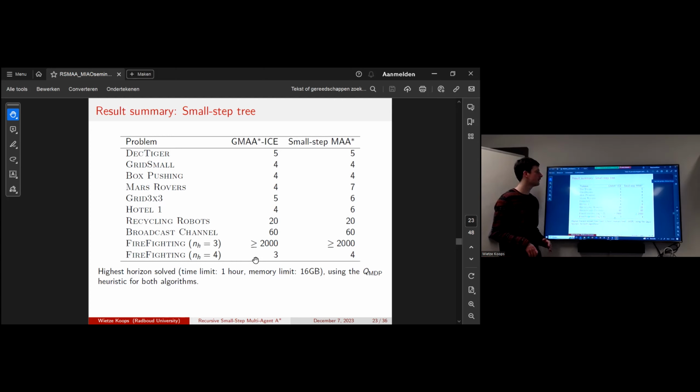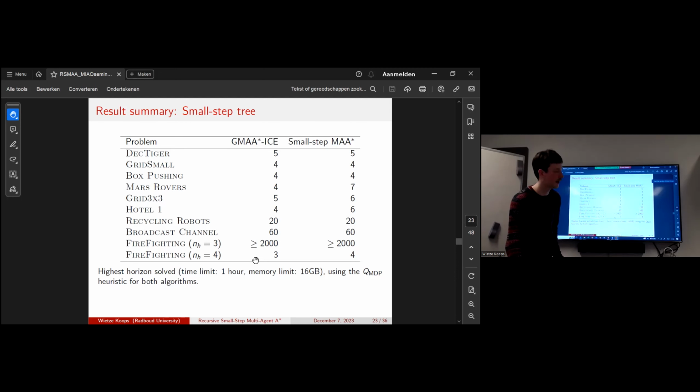What GMAA star ICE has and what small step multi-agent A-star doesn't have is incremental expansion. Here we see that the small step approach always works at least as well as incremental expansion. Of course, incremental expansion you don't really need anymore with this low outdegree.